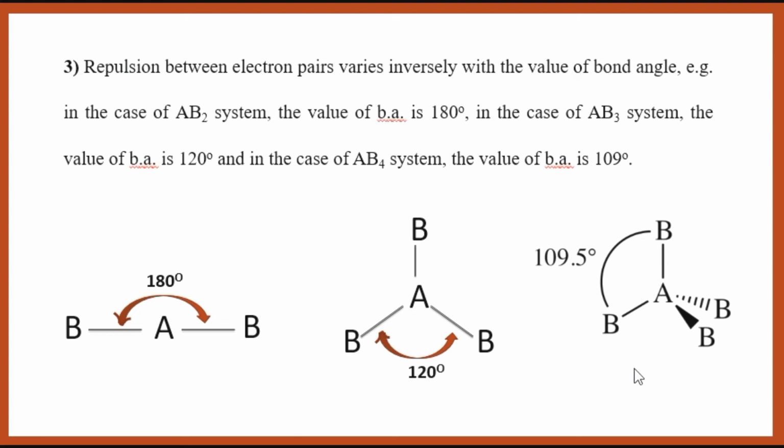And moving towards the tetrahedron, that is AB4 system, value of the bond angle still decreases from this 120 degree up to 109.5 degrees. As the value of the bond angle decreases here, so the repulsion would be greater.